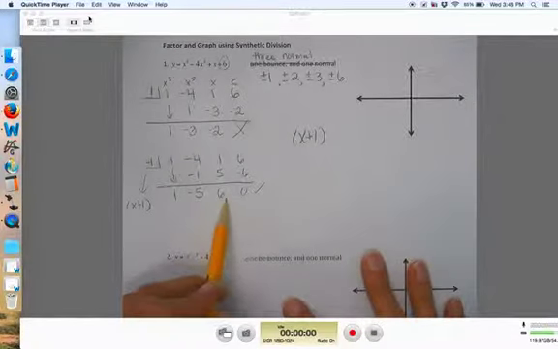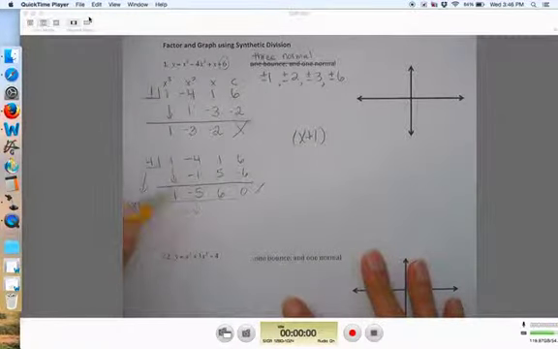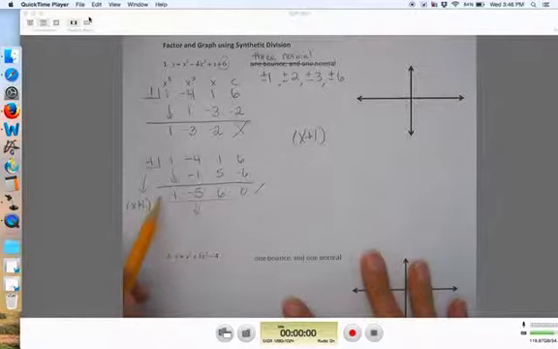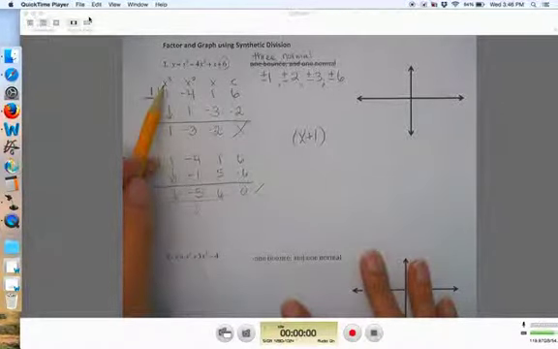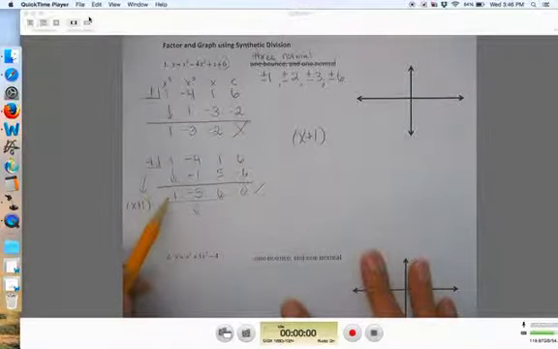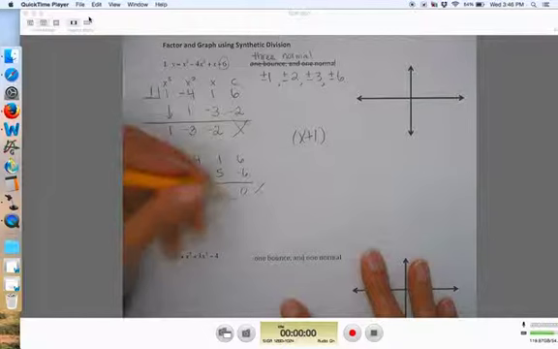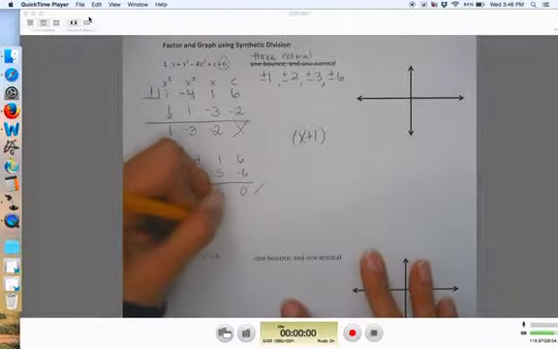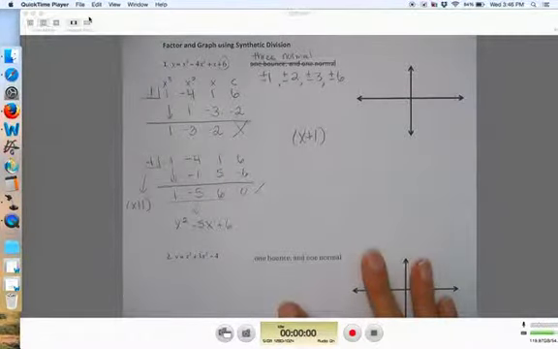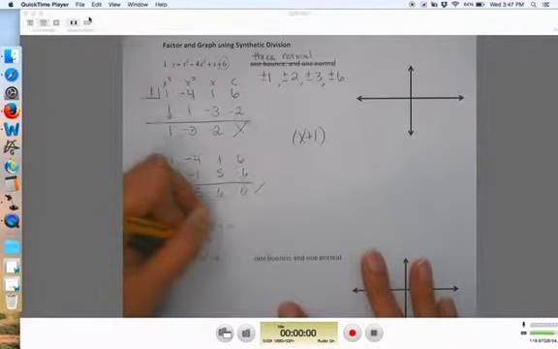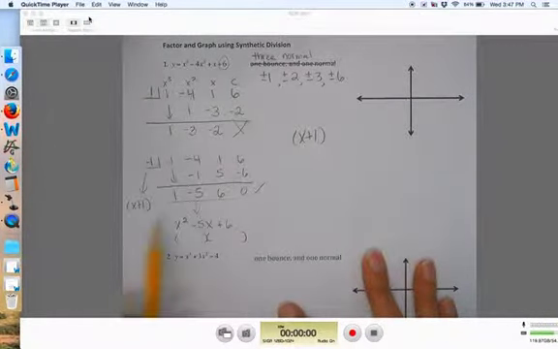Now we're going to write this out starting from left to right, and we're going to start at 1 degree less than the original problem. So we started with x cubed, so this will be the coefficient of the x squared. This will be for x, so x squared minus 5x plus 6. Now that we have a quadratic, we can just factor this like we normally would.